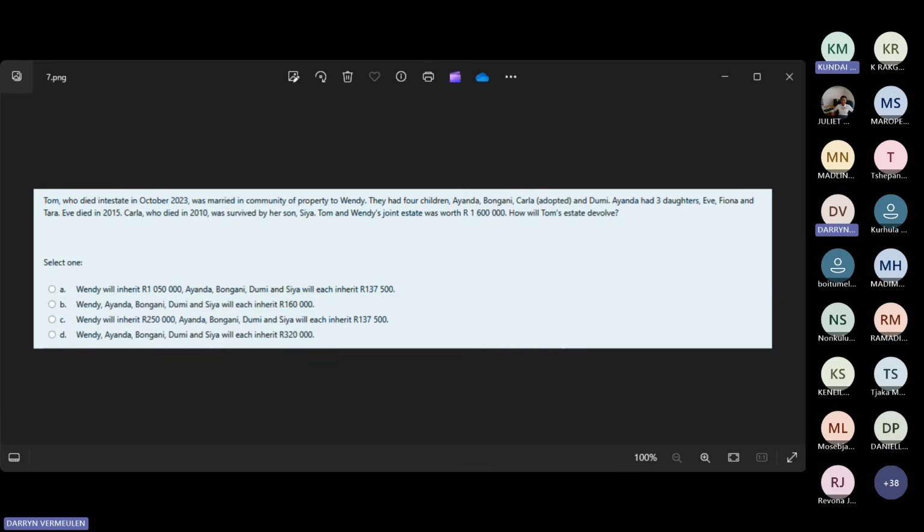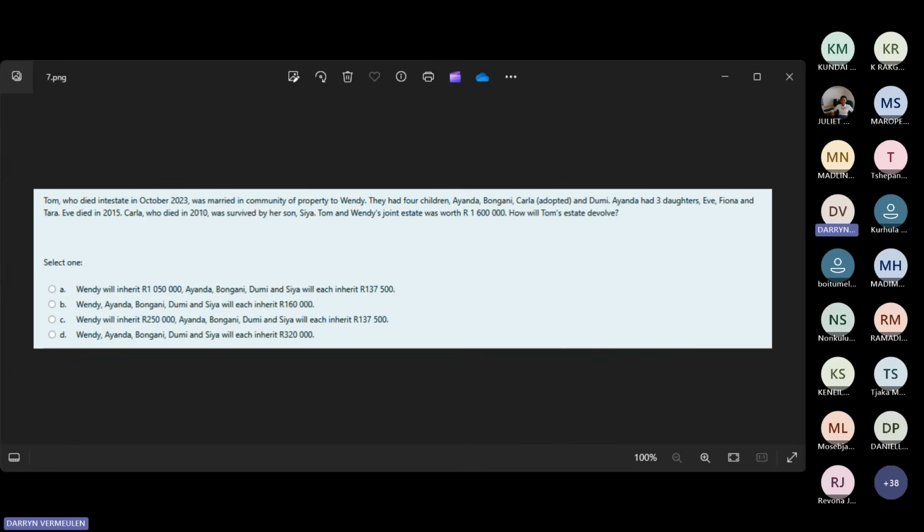No, 100%. Kundai, you were spot on there. What Kundai was also trying to emphasize, you were asking where does the 250 come from, where does the 800 come from? It's actually two different estates. Remember when we were doing family law, when you married in community of property, the marriage dissolves on death.